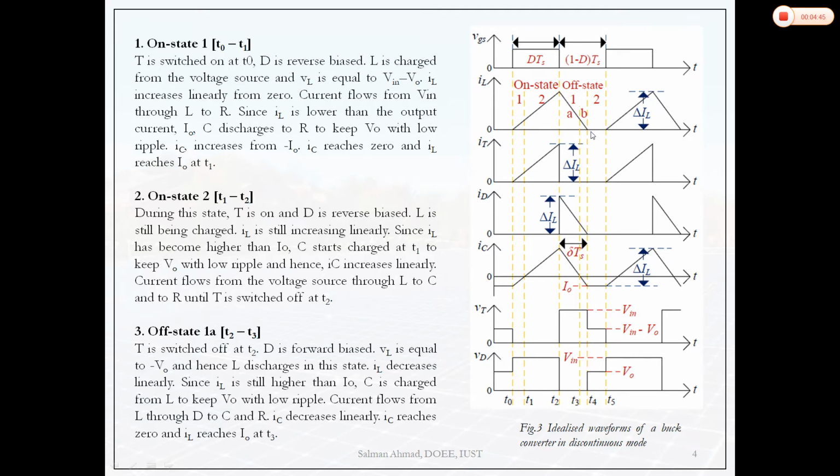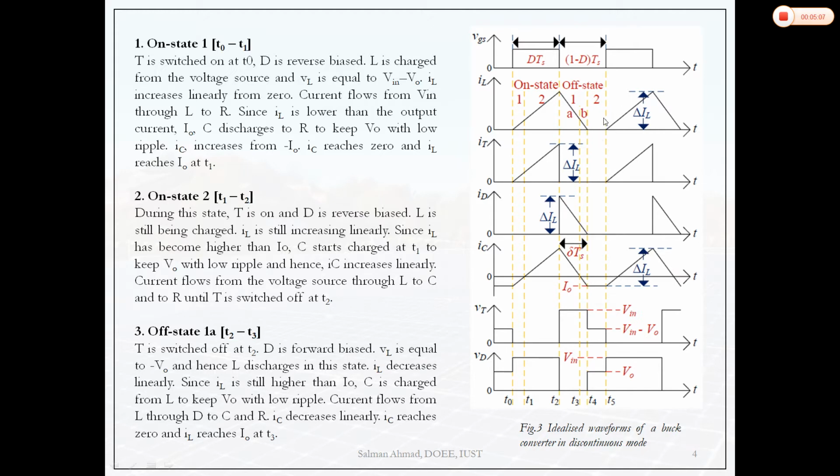Okay, for this time interval the current remains 0, then the next switching cycle starts. Okay, so this is the additional state. In off state 2, you can see the current IL remains 0.